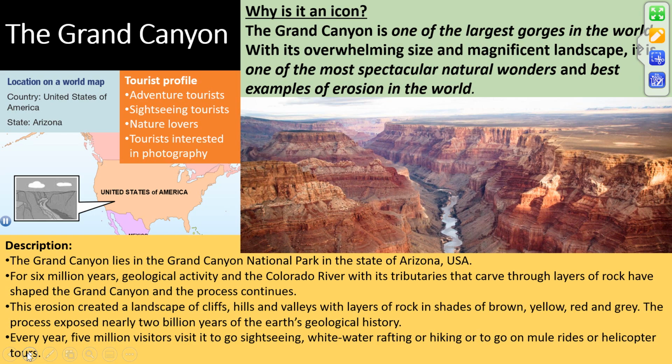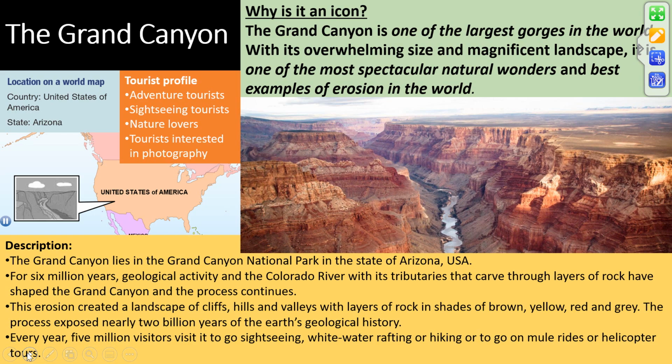The canyon was formed by 6 million years of erosion and geological activity caused by the Colorado River and its tributaries that carved through the layers of rock, and that has shaped the Grand Canyon. It is not something that has now stopped. This process of shaping the Grand Canyon continues.